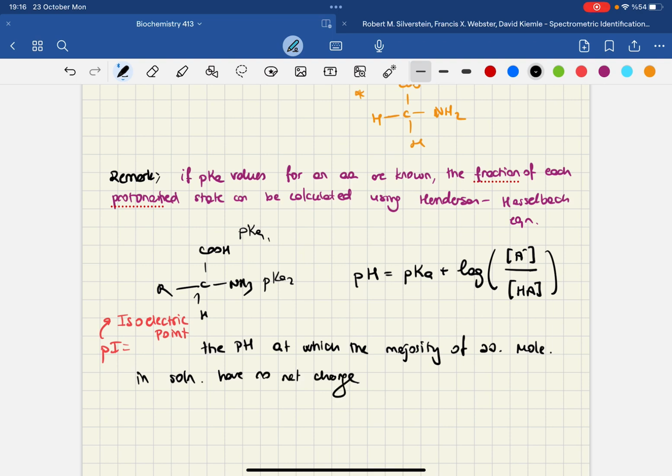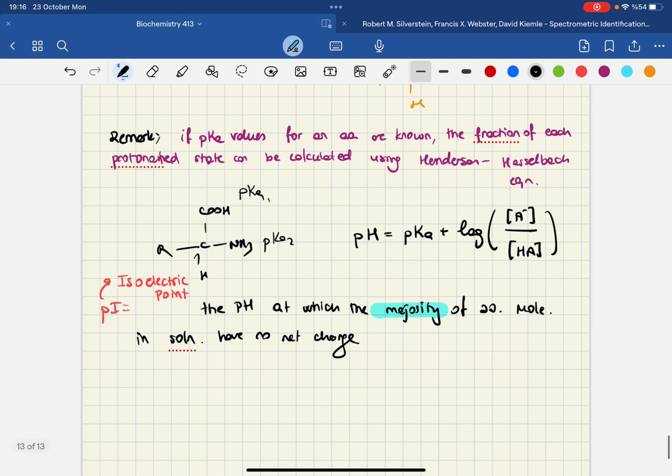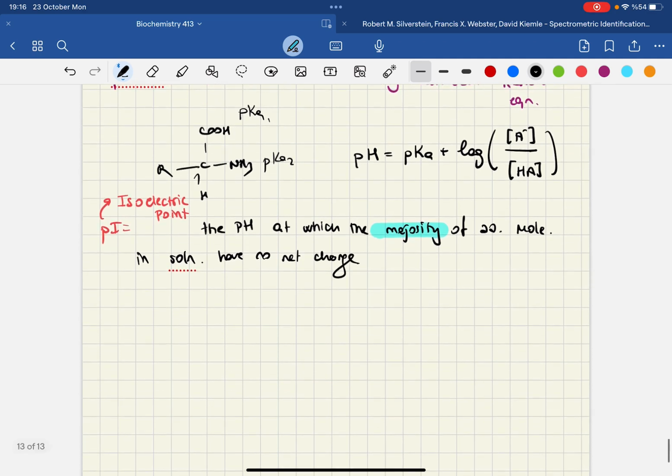As we can see here, it says the majority. Ideally, theoretically, we know that all of the molecules should have zero net charge. However, this is not really possible in real life, and therefore we just say that the majority of amino acid molecules have no net charge.